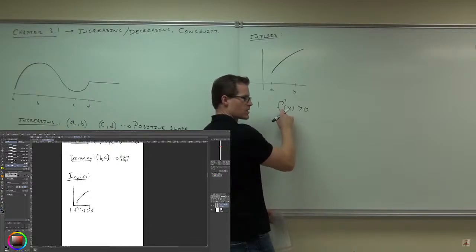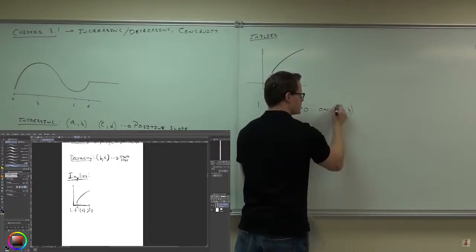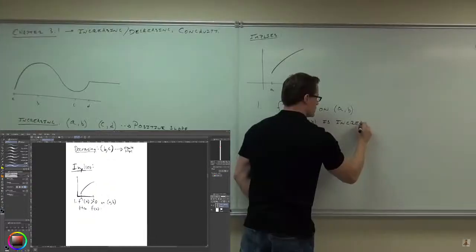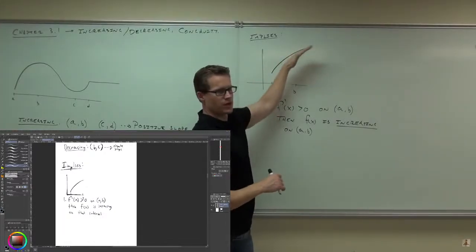If f prime of x is greater than 0 on an interval AB, then my function is increasing on that interval. You can see from our examples, this is definitely increasing, right?